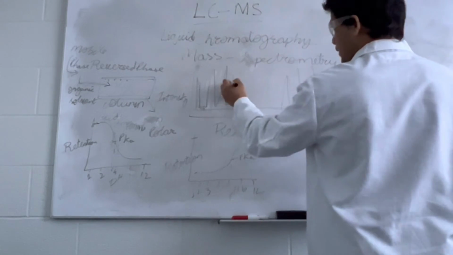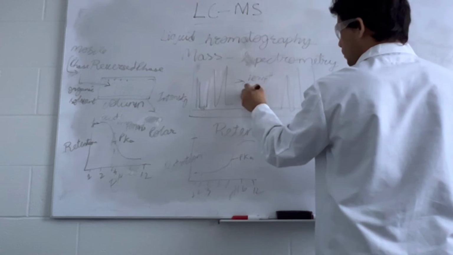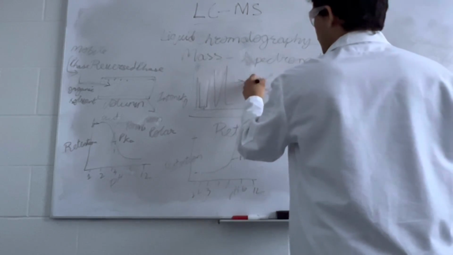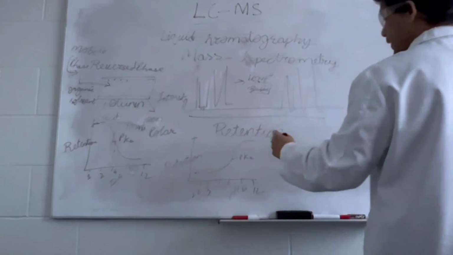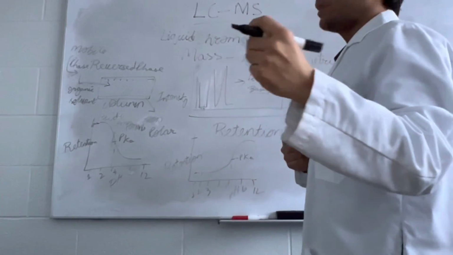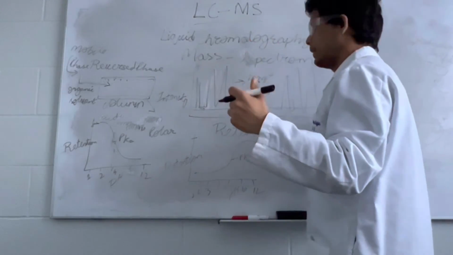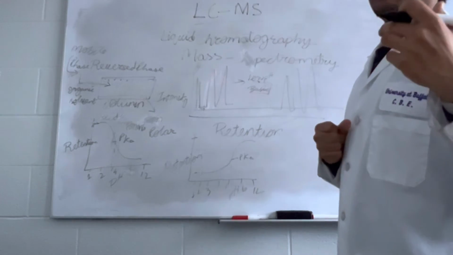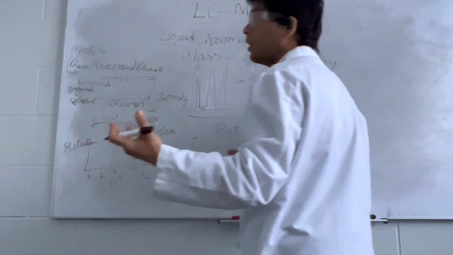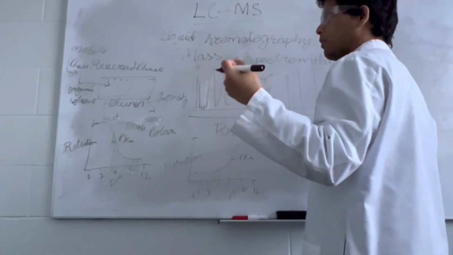So in the case of basic compounds, we will see them elute faster at low pH. When the pH is high, the compounds present in the sample will remain in non-ionized form, and in non-ionized form most of the compounds are non-polar.